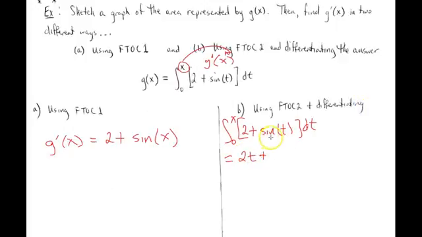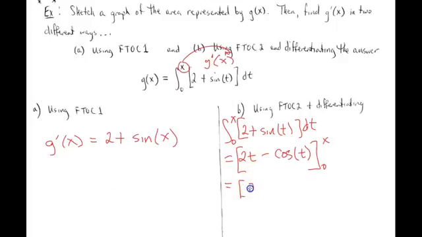And this is plus the antiderivative of sine, which is a negative cosine. So I'll come here and change that plus to a minus and do minus cosine of t. And we will be evaluating that from 0 to x.